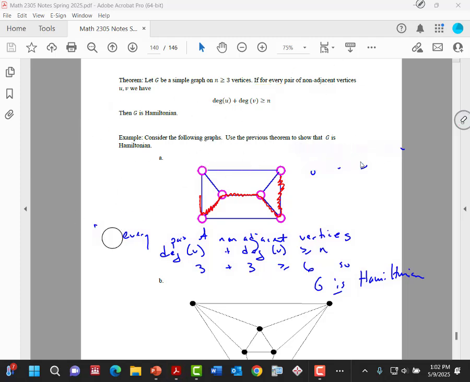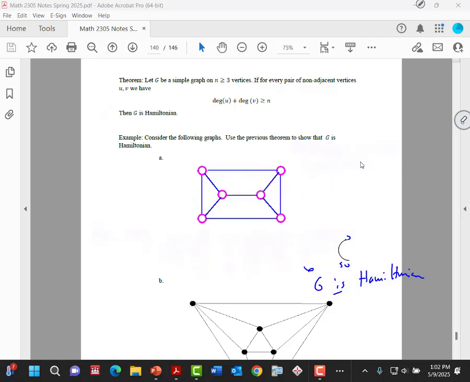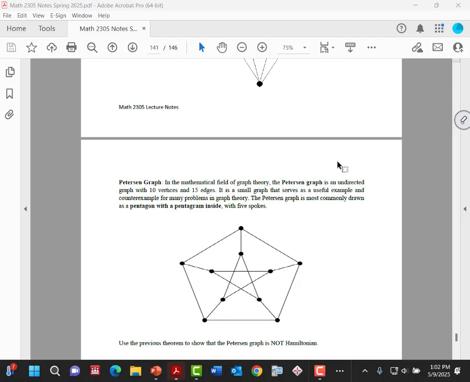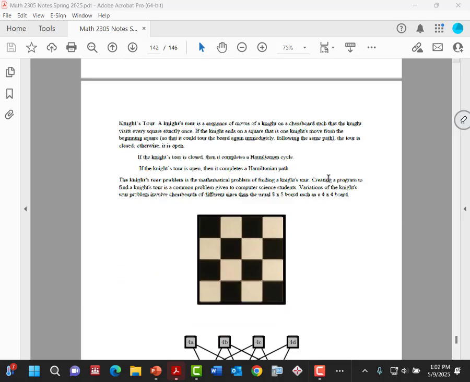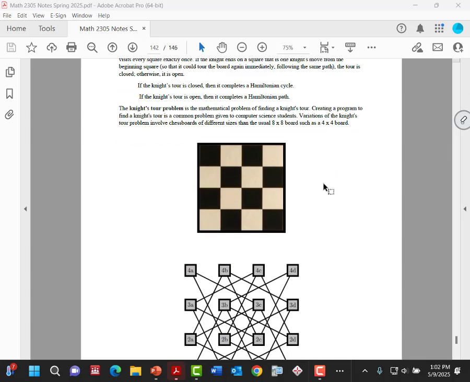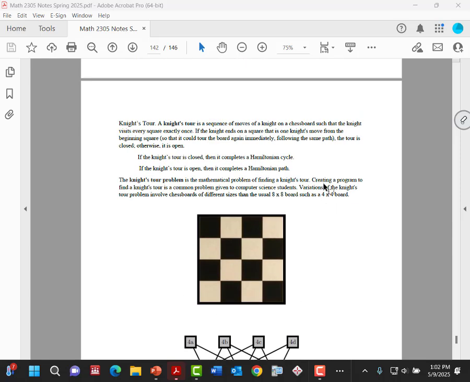The idea in this section is to use a couple of theorems to determine whether a graph is Eulerian, and whether it is Hamiltonian. I don't have time, so we'll skip the Petersen graph. But there's lots of cool things you can do with graph theory, with Hamiltonian paths and cycles.